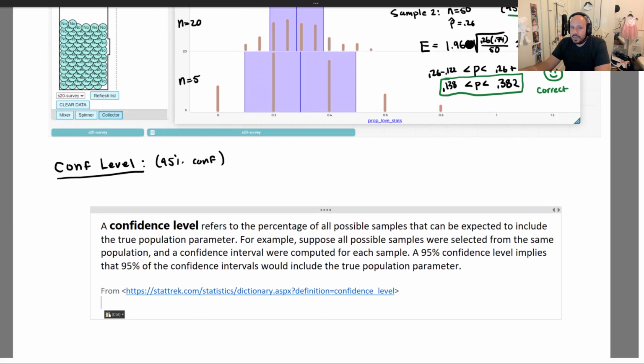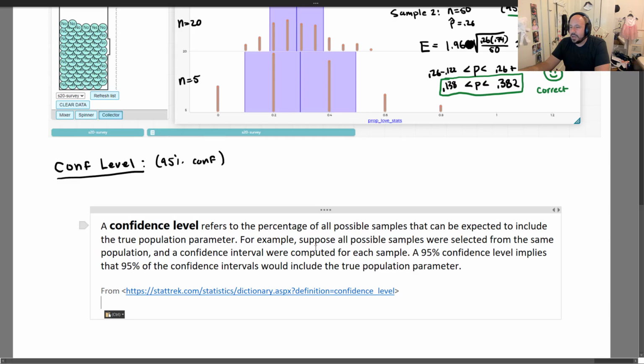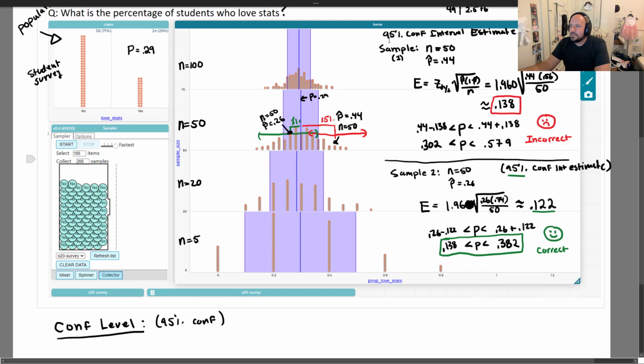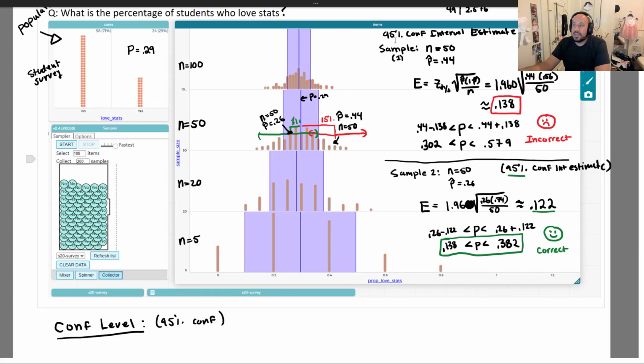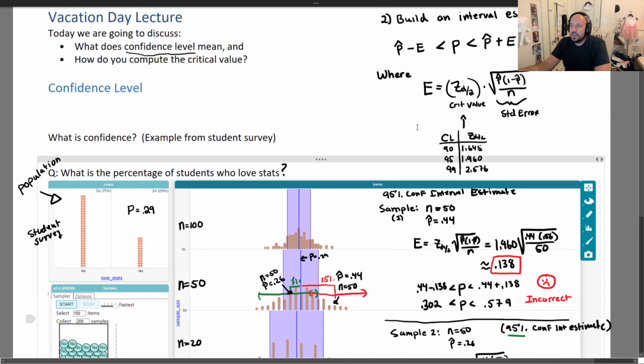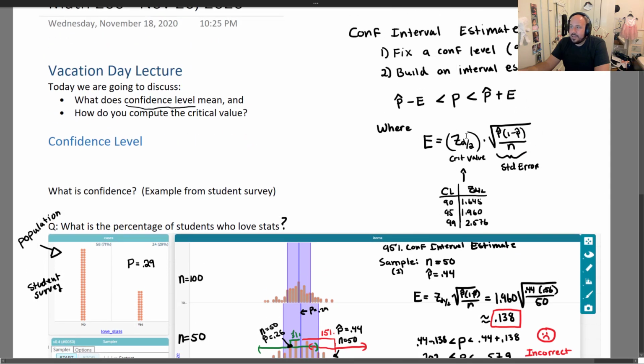So I spent about 30 minutes or so talking about that. Okay, so what is making this margin of error bigger in the case of a 95% than in the case of a 90% confidence level? If we go back to the formula that we had, it was all connected to that critical value.